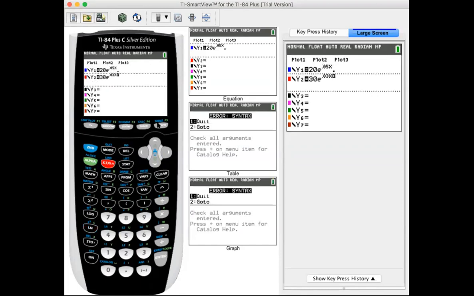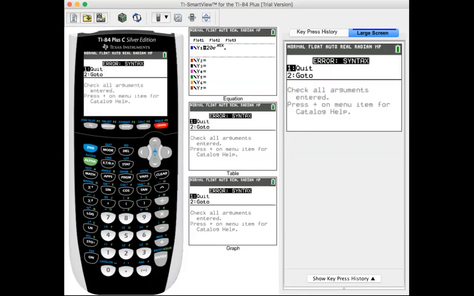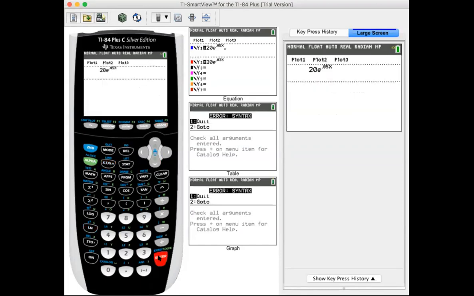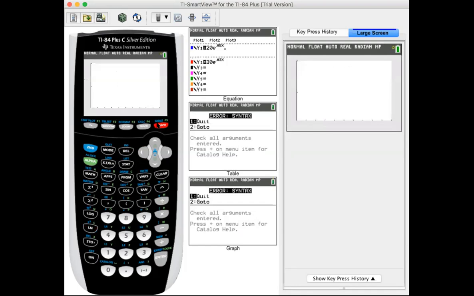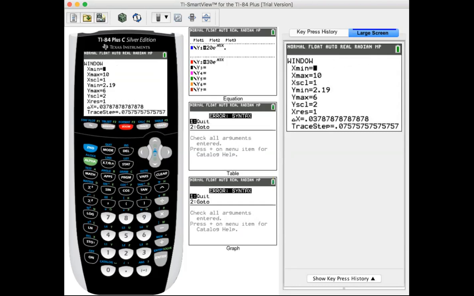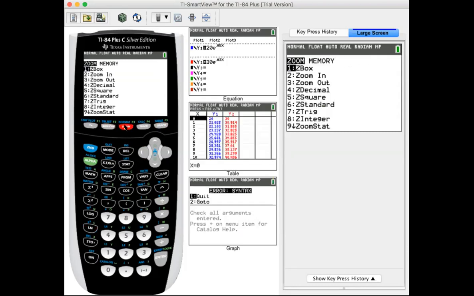So let's see. Let's graph these. Oops, go to. Remember, I was zoomed in before, so this isn't going to be good. So I'm going to go to zoom. Zoom standard.